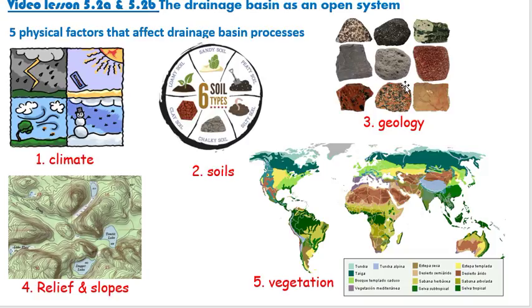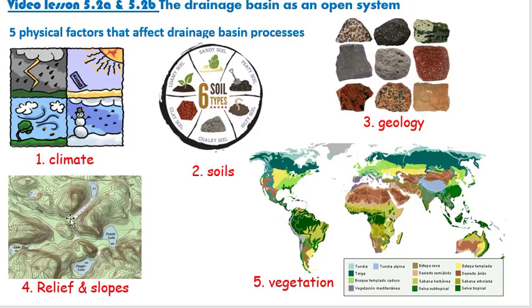Third is the geology, the rock type, and the lithology. Porous and permeable rocks, very different to impermeable rocks, for instance. Fourth is the height and shape of the land, which is the relief, and also the steepness of the slopes as well, and the gradients.